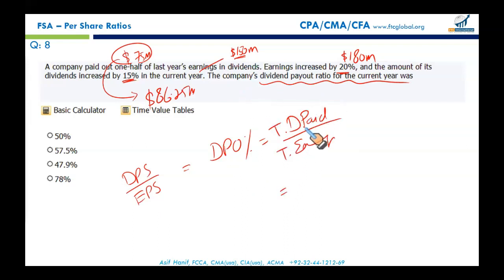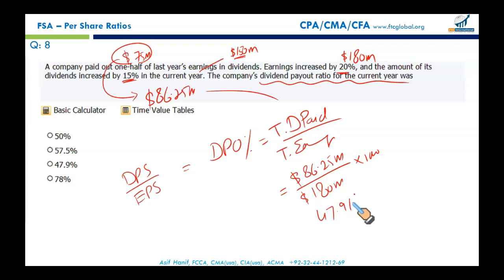What we do have is the total dividend paid is 86.25 million, and the total earning now is 180 million. See, we had nothing at all, but we used some assumed numbers, plugged it in, and we got our answer. 86.25 upon 180 gives you 47.916%, which perfectly matches with your option C.